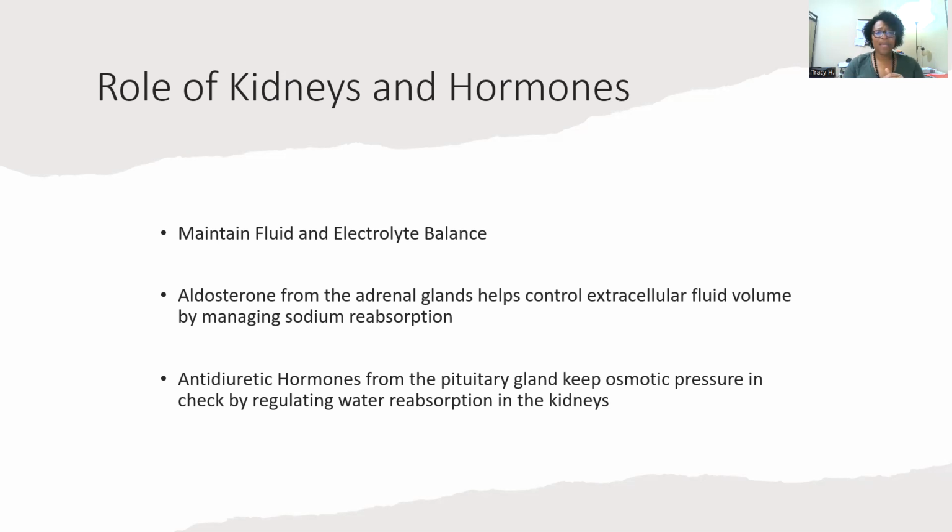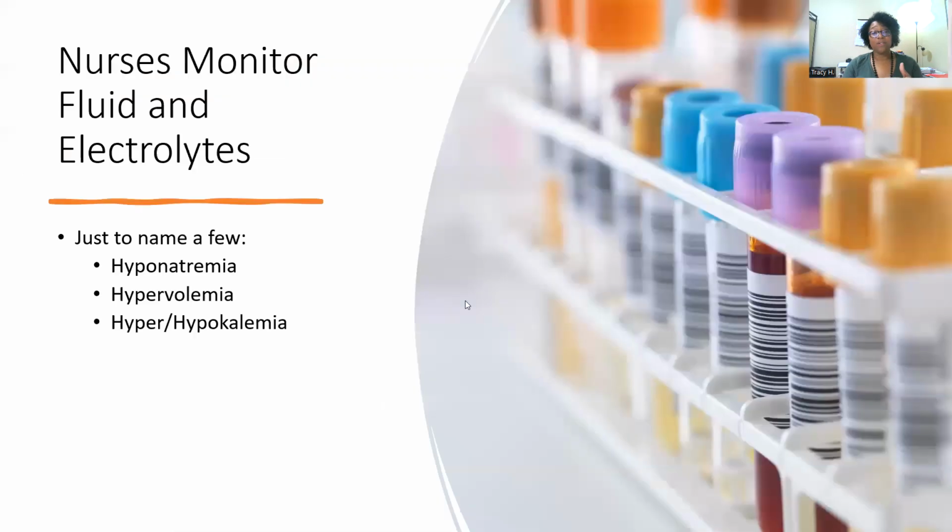That leads into this next slide. What do we as nurses do when it comes to fluid and electrolytes? I'm just going to name a few. Hyponatremia could be from a lack of salt intake, or it could be from hypervolemia, where you have too much solution for the amount of solute.